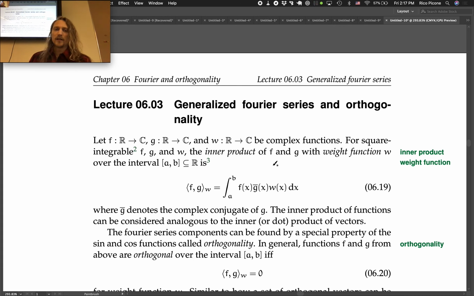So there's a lot packed in here. Square integrable essentially means that if you take the absolute value of the complex function, then you square it, and you integrate that over the entire domain from negative infinity to positive infinity, you get something less than infinity.